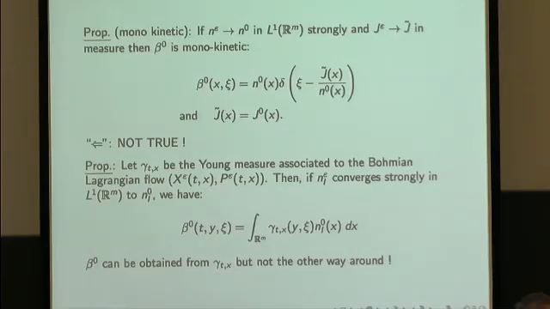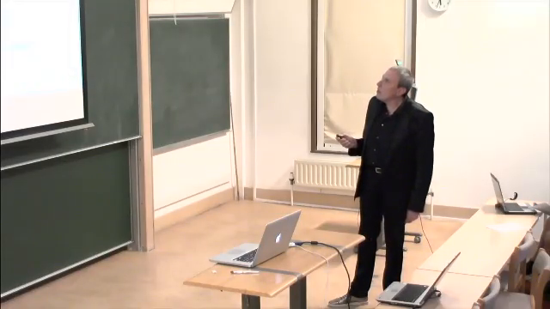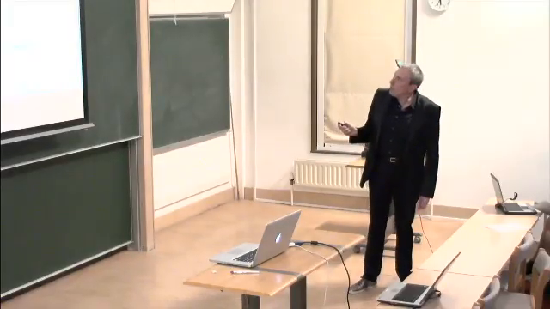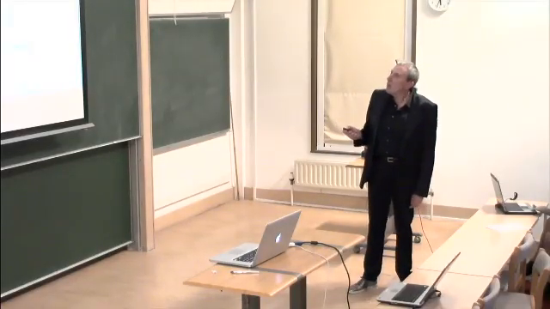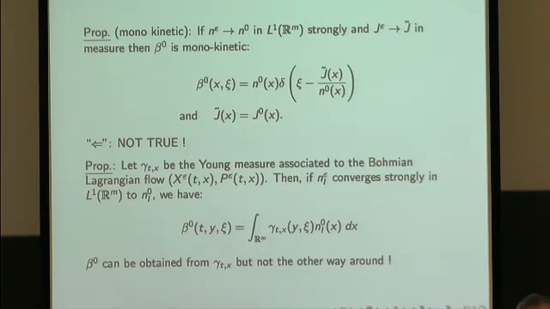All right, a few consequences. Well, first, a proposition on being monokinetic. In kinetic theory, it's always very important to check whether a measure which satisfies, say, a Vlasov equation is monokinetic or not, because then you can write your Euler equations and so on without closure. Now, here is a result. If the sequence of position densities converges in L1 strongly, and if the sequence of momentum density or flux densities converges in measure, okay, then the limiting Bohmian measure is already monokinetic.